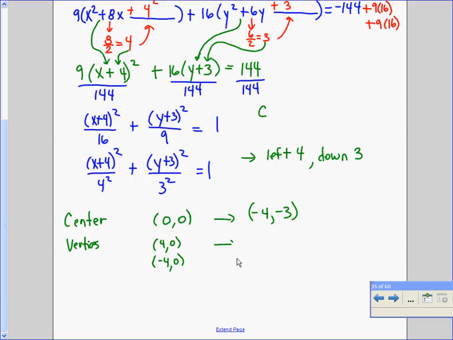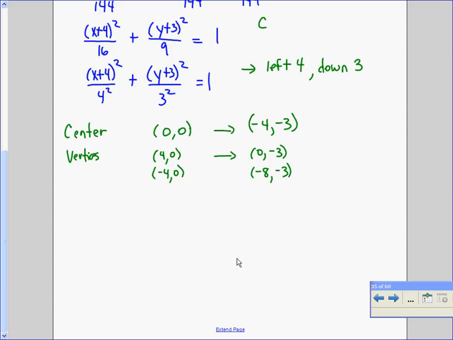But now we're going to go left 4, so I subtract 4 from the x, and I subtract 3, and then I subtract 4, and subtract 3. And that gives me my vertices.